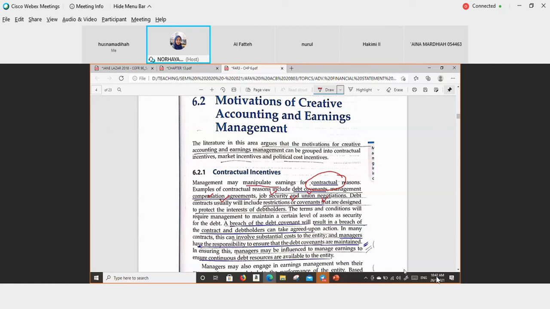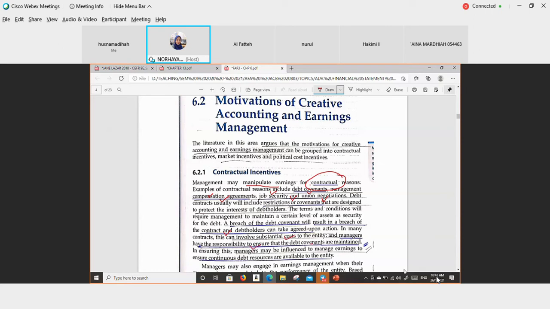Understand or not? Okay, so for example, a breach of the debt covenant will result to a breach of contract. Katakanlah income tu rendah. So katakanlah loan yang ada tu mungkin akan ditamatkan contohnya. So many contract this involves substantial cost to entity. Managers have responsibility to ensure the debt covenants are maintained.